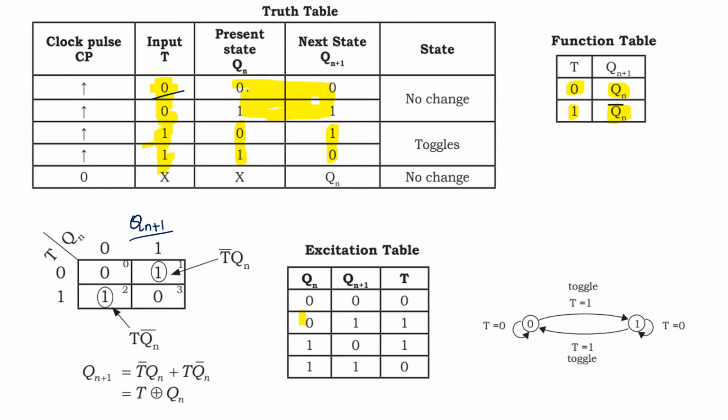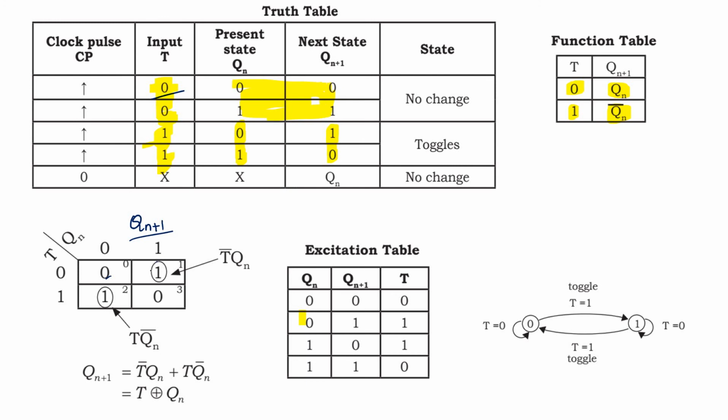When T is equal to 0, Qn equal to 0, Qn plus 1 is 0. T is equal to 0, Qn equal to 1, and then next state, that is 1. When T is equal to 1 and Qn equal to 0, the value equal to 1, toggles. And T is equal to 1, Qn equal to 1, the output Qn plus 1 equal to 0.